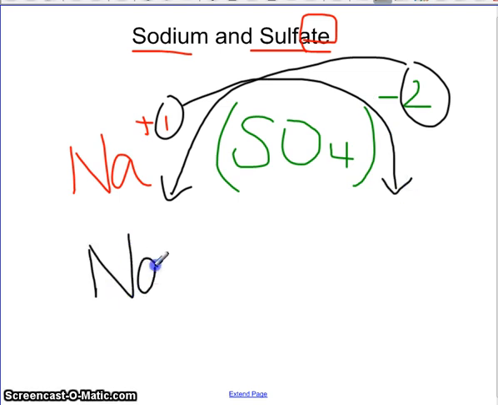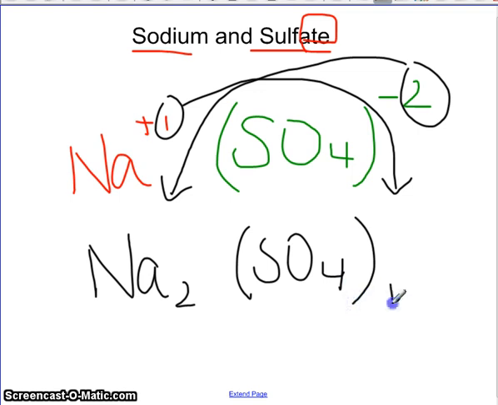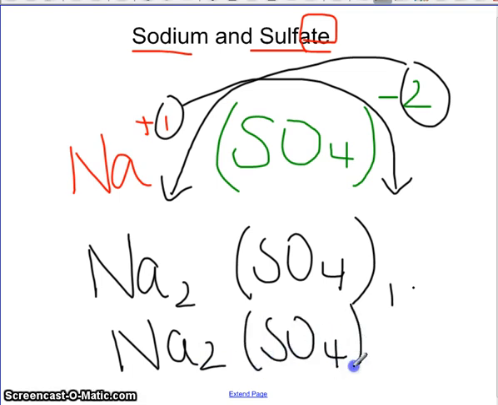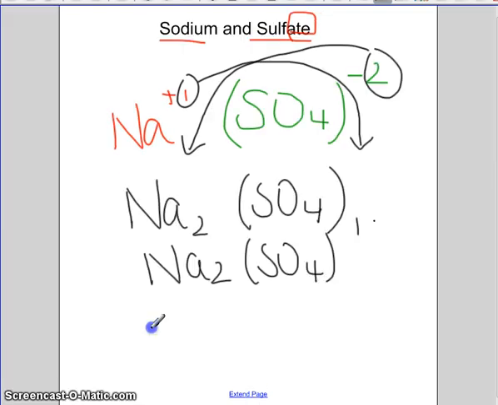We have Na2 and then SO4 1. Just like before, if there's a 1 there, we don't have to write the 1. Since there's no number outside of the parentheses, you don't even need the parentheses anymore. So it would just be Na2SO4.